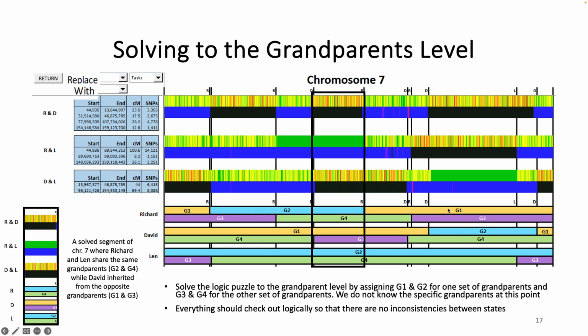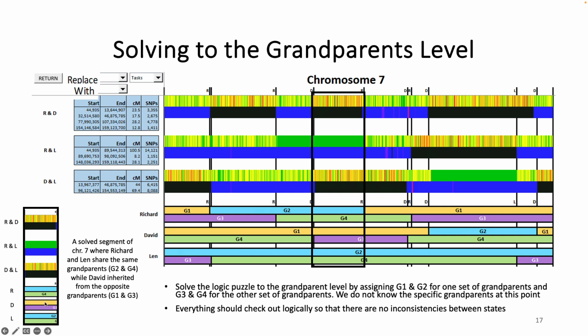And you can see just how this looks, right? This is a solved segment of DNA. This is between Richard and David, Richard and Len, and David and Len. You can see that Richard and David don't share any DNA along this segment. And this translates to Richard having DNA from G2 and G4, but David has the opposite.